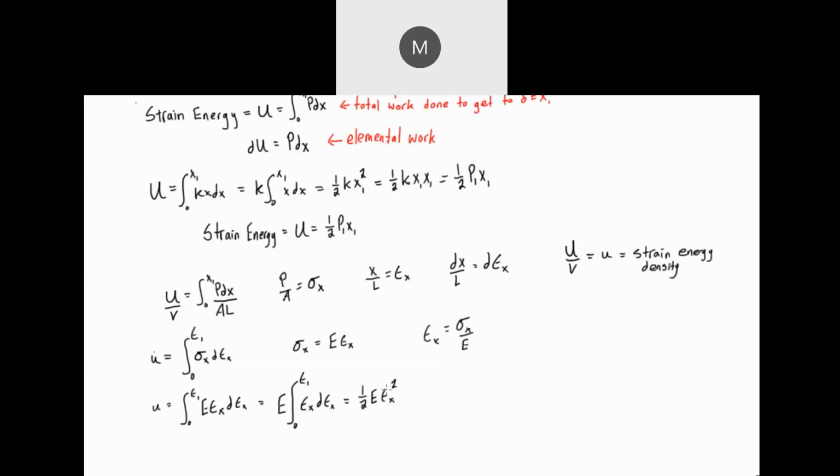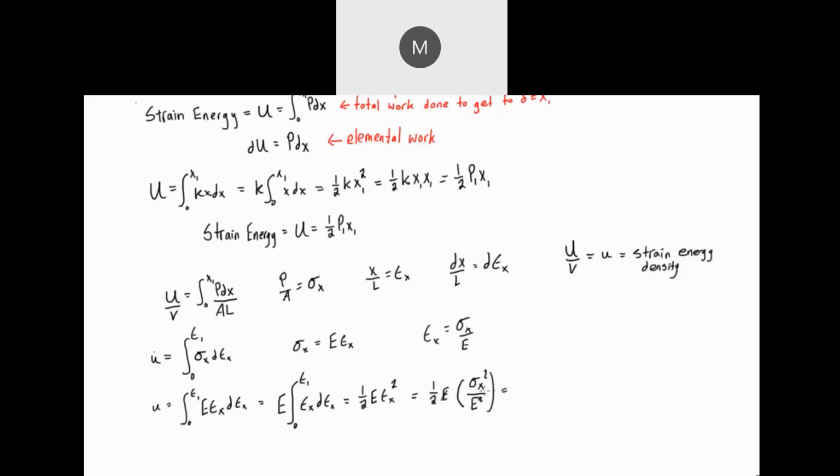So basically what we can do is substitute that in here. We're going to get 1/2 E, and then we substitute all this stuff in. So that was squared, so we have sigma x squared over E squared. And we can simplify this. We have one E on the top, two on the bottom.